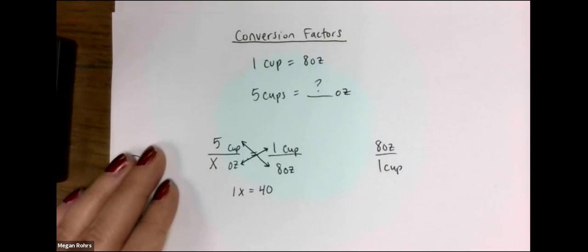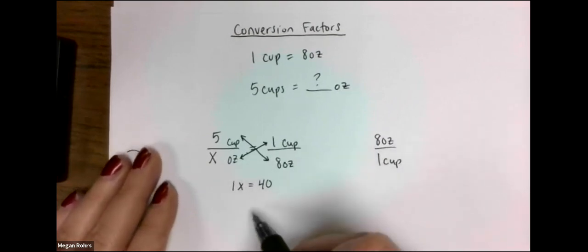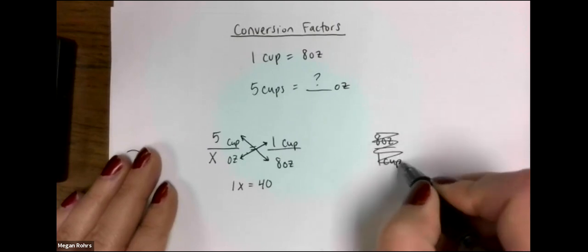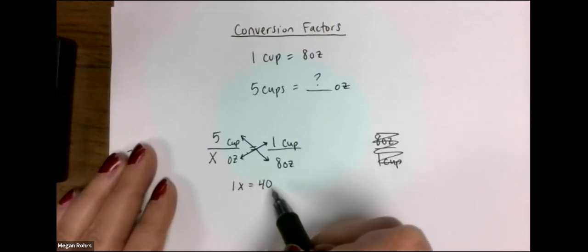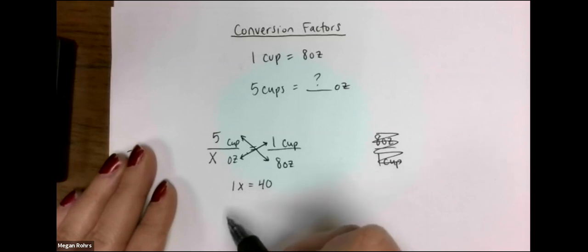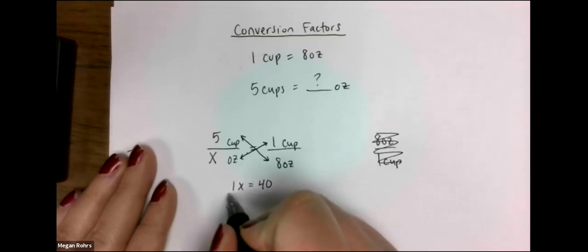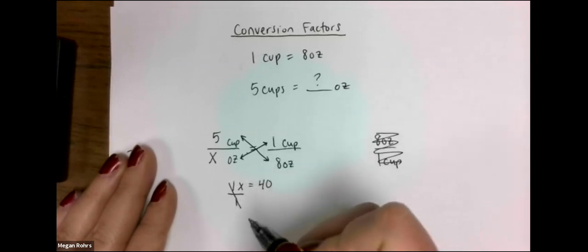Now we want to solve for x. So we need to get x by itself. And I'll get rid of this so we don't get confused with that. So we want x by itself. So right now we have 1 times x. So we need to do the opposite of multiplication, which is division. So we're going to divide by 1 on this side, which will cancel that out.